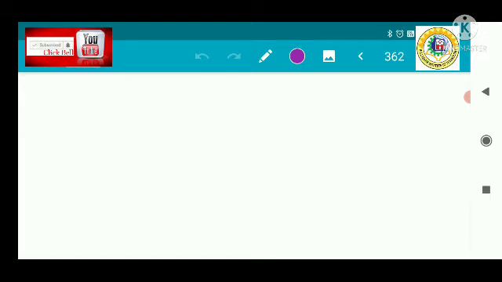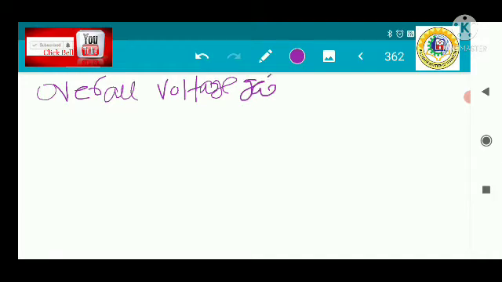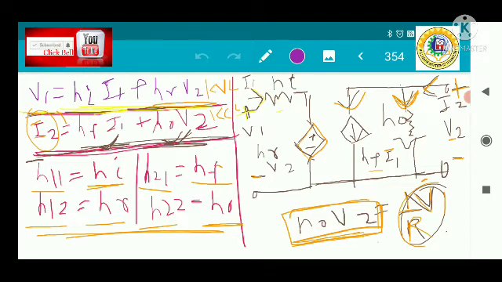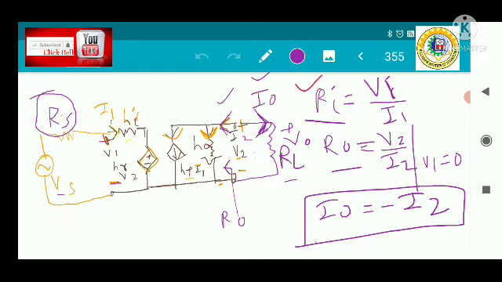Now the next parameter we want to derive is the overall voltage gain. So if we connect the external voltage source with the equivalent, this is your H parameter model.